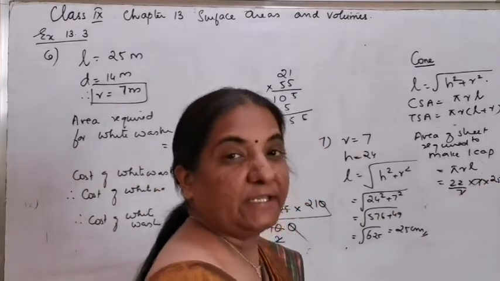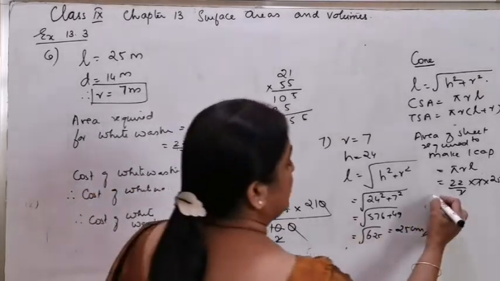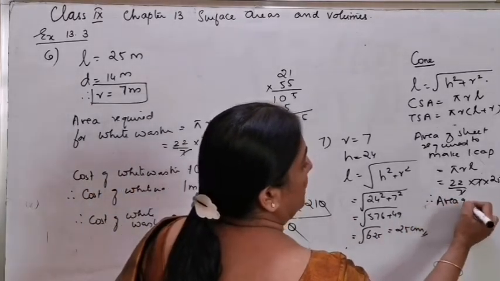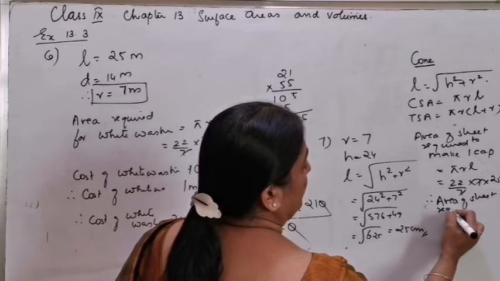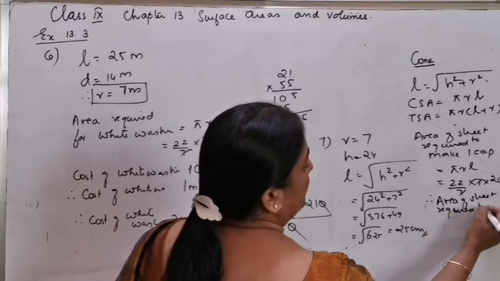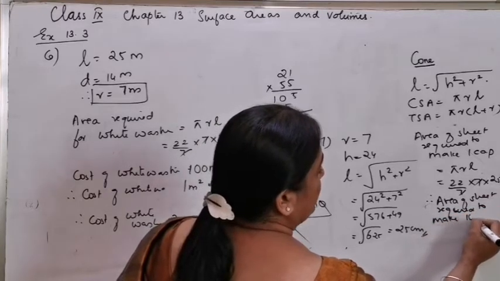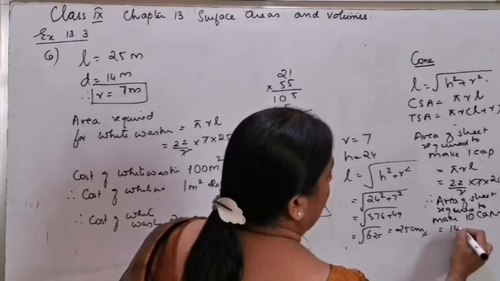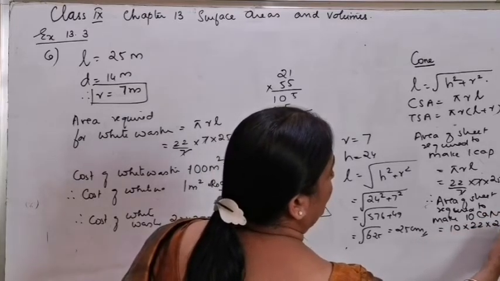They are asking you to find the area of the sheet required to make 10 caps. Therefore, area of sheet required to make 10 caps is equal to 10 into 22 into 25.